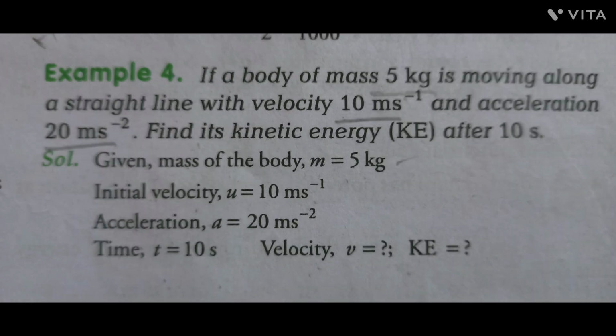Next question, example number 4 is, if a body of mass 5 kg is moving along a straight line with velocity 10 meter per second and acceleration 20 meter per second square, find its kinetic energy KE after 10 seconds. So in this question, mass m, initial velocity u, acceleration a and time t are given, but we don't know final velocity v and we have to find KE.